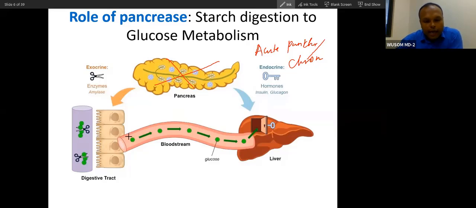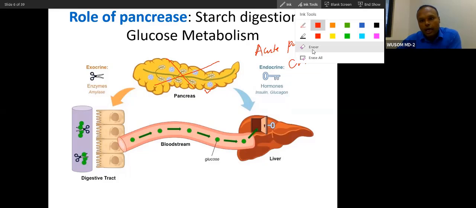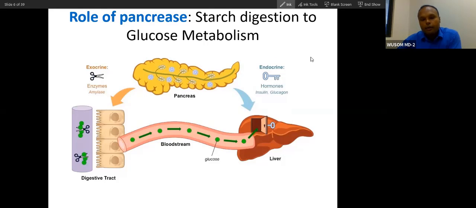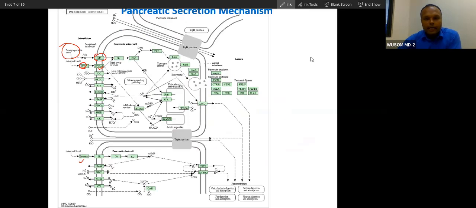That is why the pancreas is very essential for your survival. If the pancreas is not there, people will not survive, because both digestion and metabolism are affected. So this is the role of the pancreas.